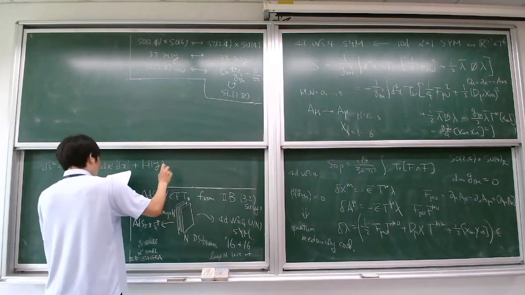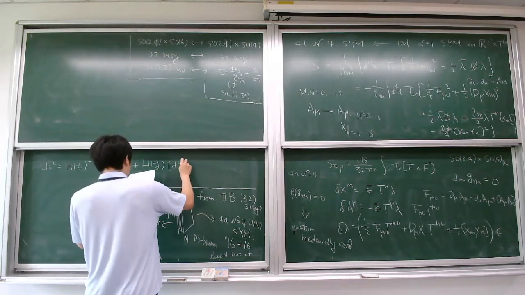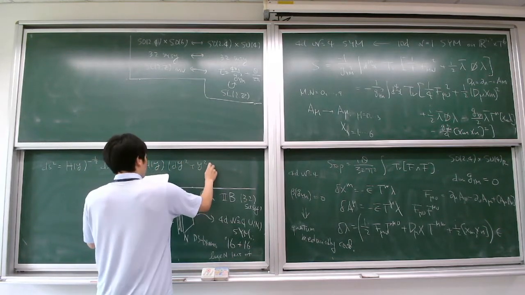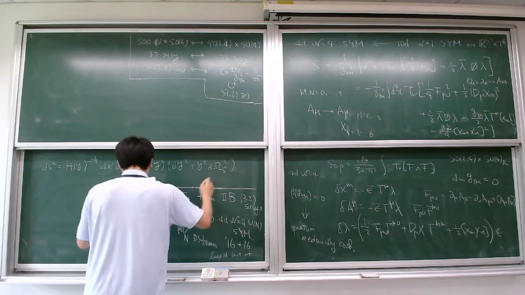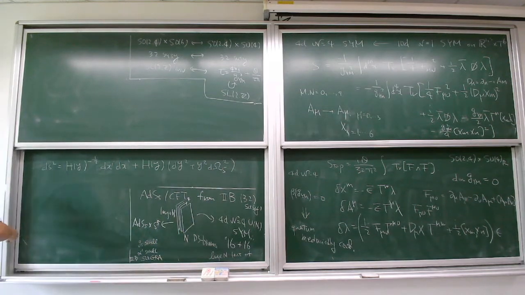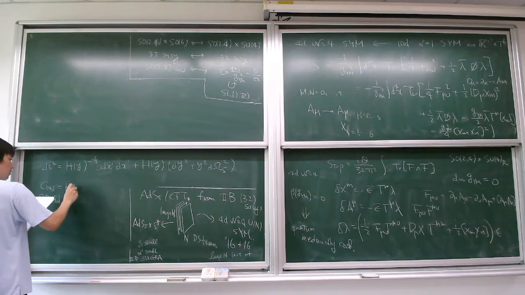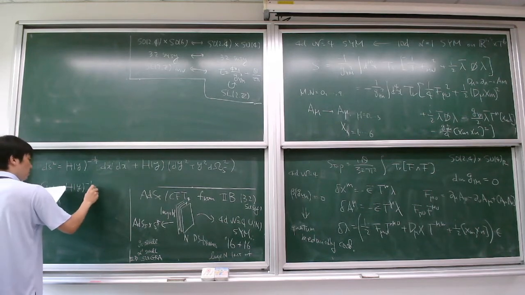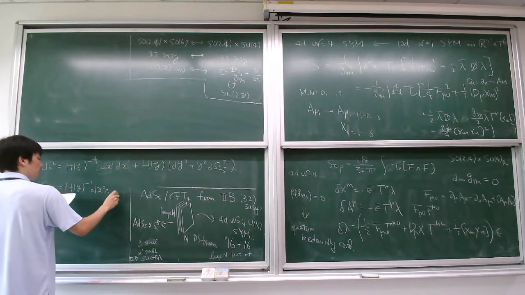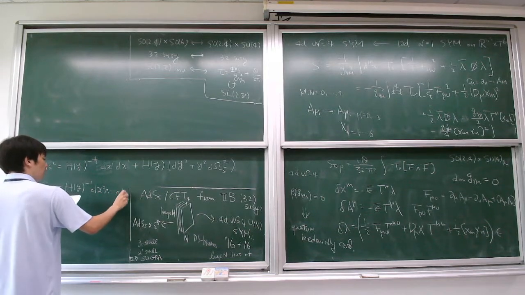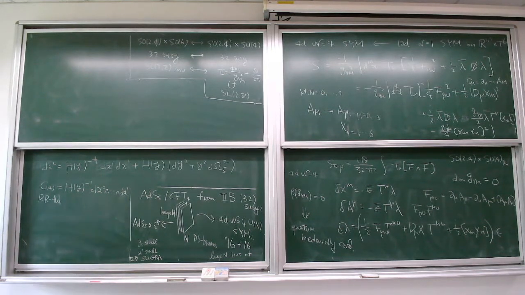It's a very particular feature, where this C4 is the Ramond flux. This is a very universal feature of the supergravity theory, the metric and the Ramond field around the D brane.